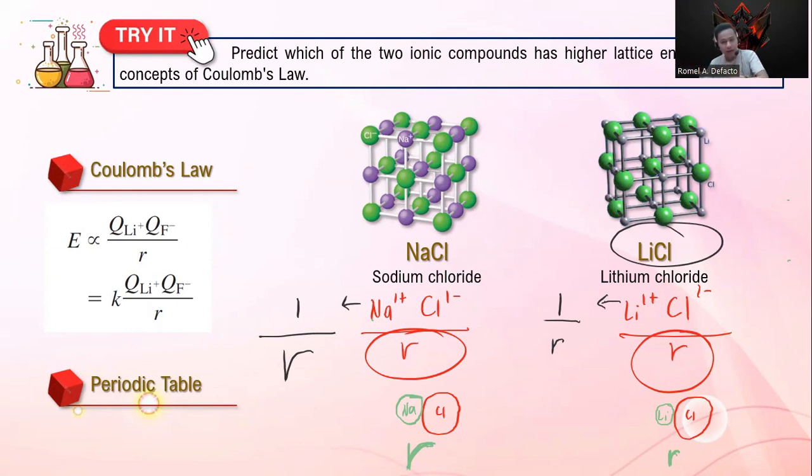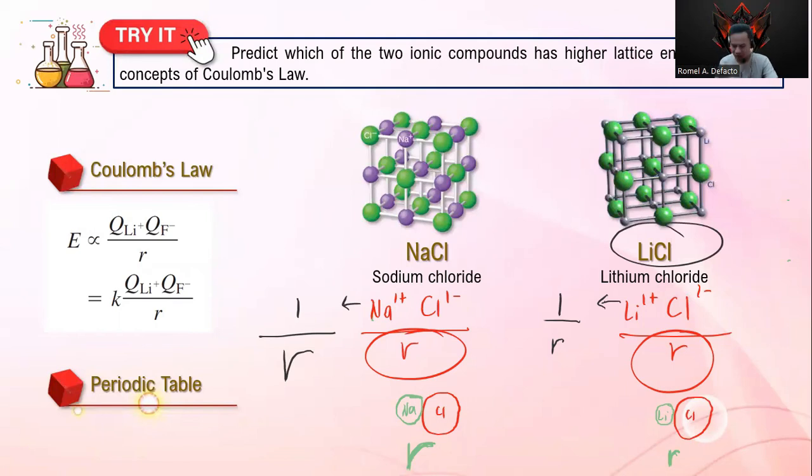Again, I will repeat, lattice energy refers to the amount of energy required to separate 1 mole of that compound into gaseous state. And then for lithium chloride, it has a lattice energy of 828 kilojoules per mole. So our prediction using Coulomb's law is correct.